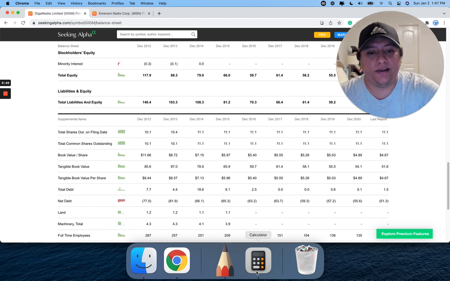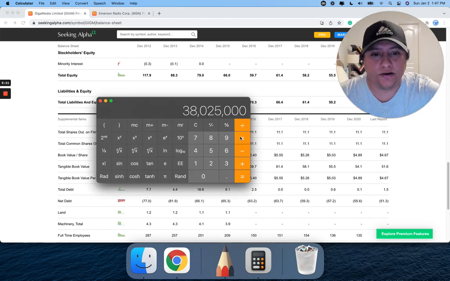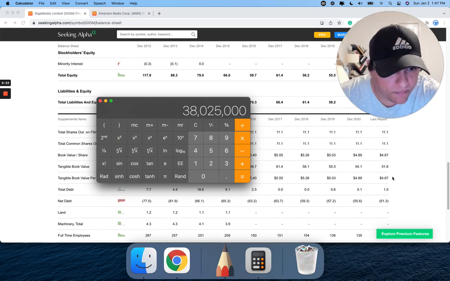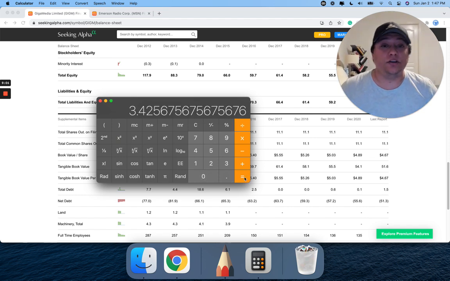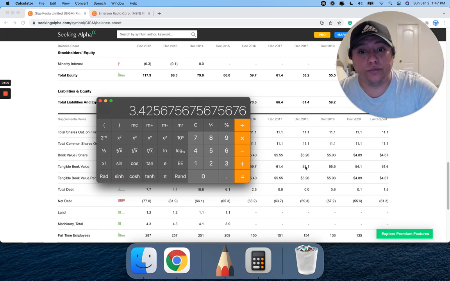So 11.11. So let's go ahead and divide this by 11.11 million. And that gives us a net working capital per share of $3.43 rounded.